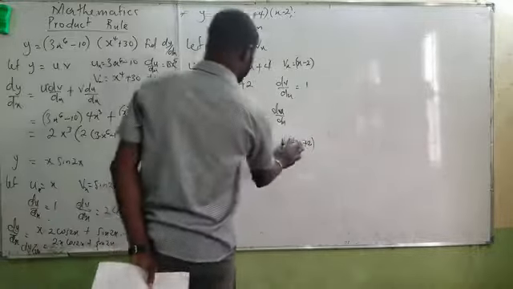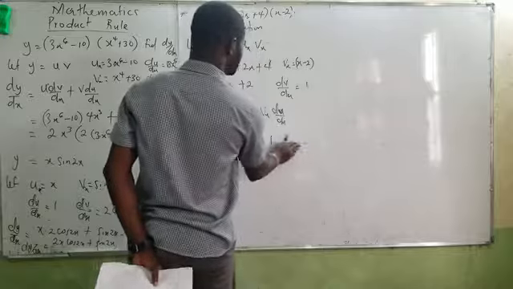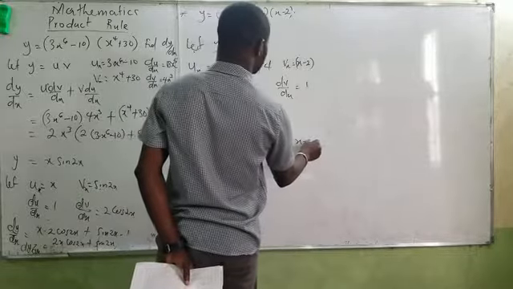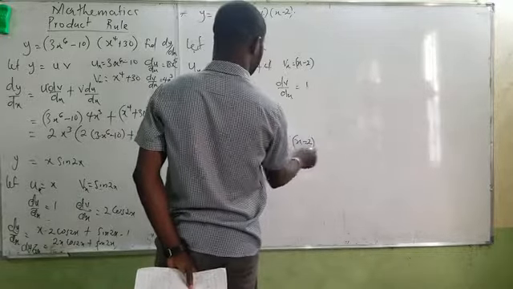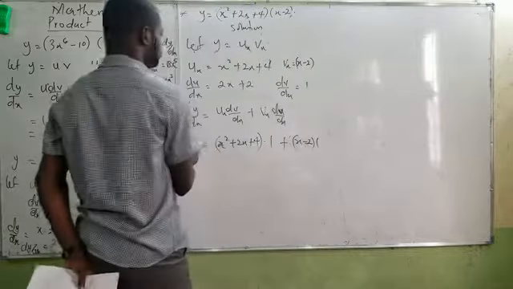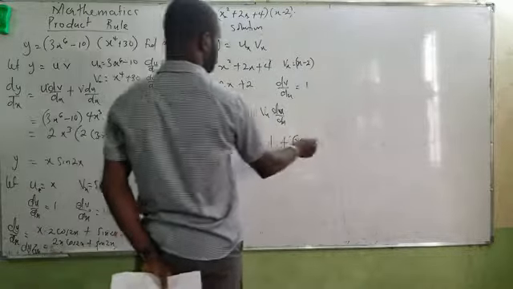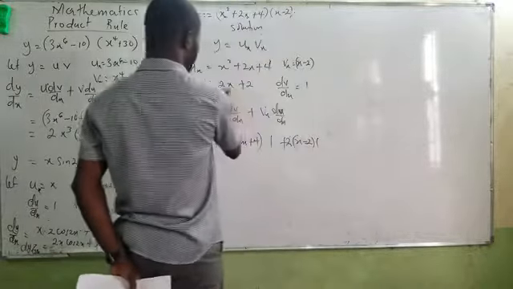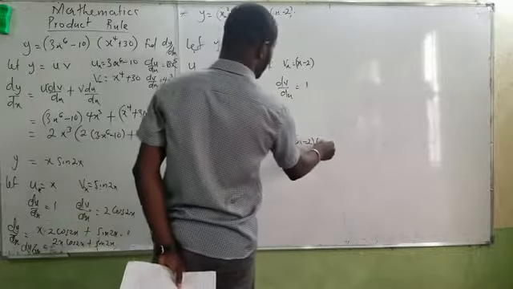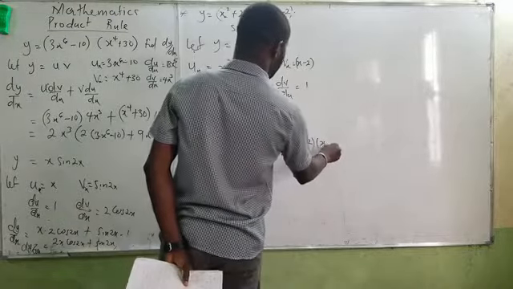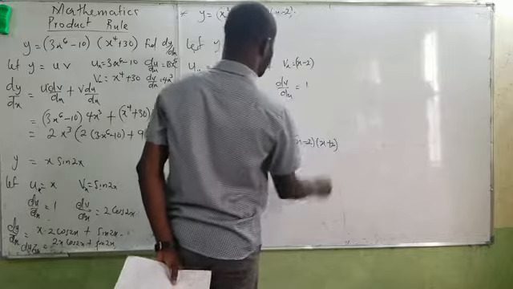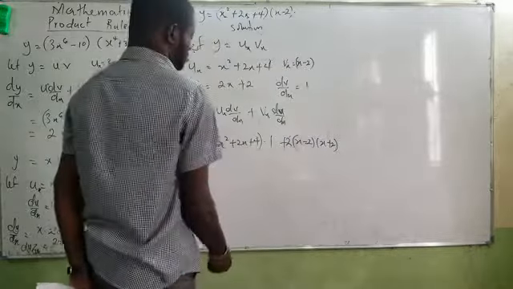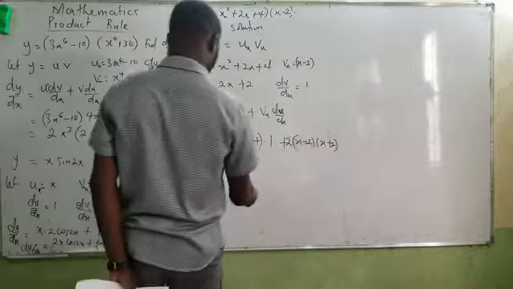I'm talking about v. My v is going to be equals to, I can bring out 2 here, I factor out 2 already, which I'll be having x plus 2, which I can now say that yes, this is difference of 2 squared.